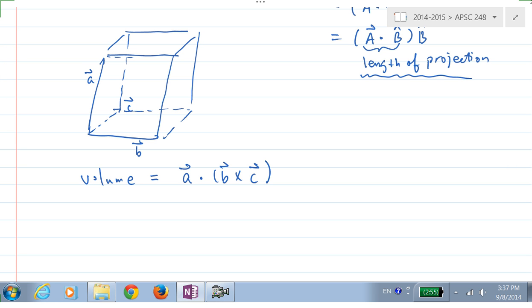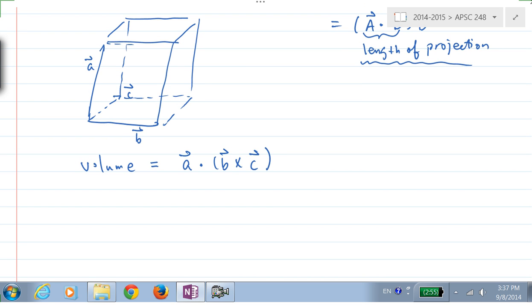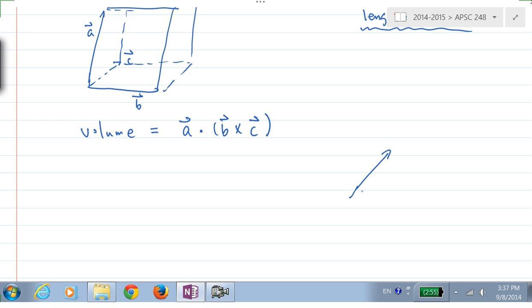So this is the volume of a parallelogram, and I'm going to construct another simple geometry here using 3 vectors, with the same orientation as the previous one. So you have A, B, C, like this one here.